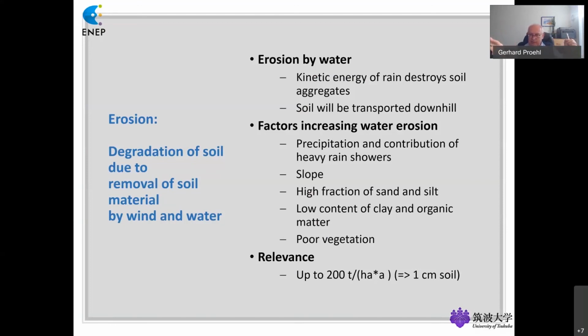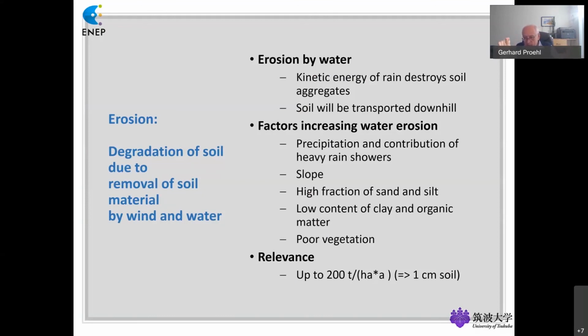Erosion also increases with a higher fraction of sand and silt. And when we have low contents of clay and organic matter, and for poor vegetation, erosion is higher. On the long term, erosion might be quite relevant because the annual loss of soil due to erosion may be up to 200 tons per hectare and year.